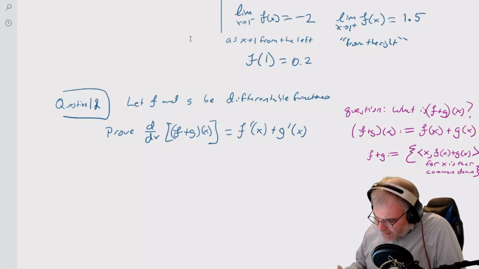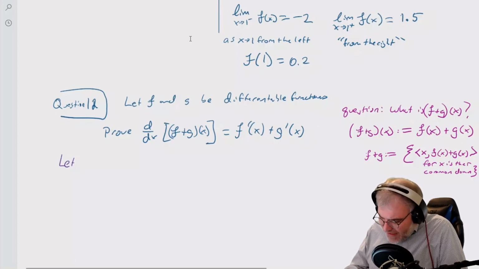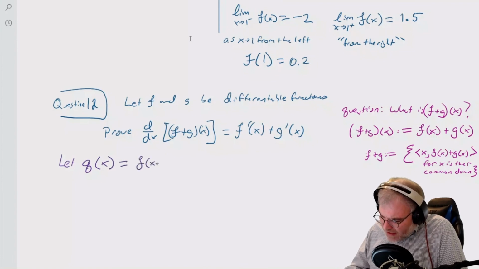So you have to say something like this. Let H, I want to say H, but then I'm going to use H in the definition. I hate that it's H. It should be W on the bottom, but okay. I'll call it Q. Let Q of X equal F plus G of X. I should use S, right?